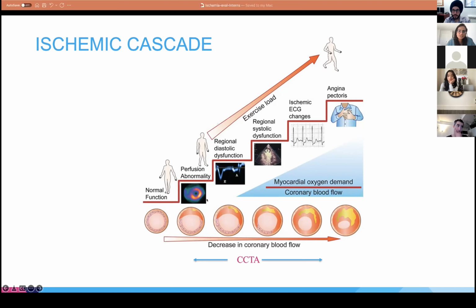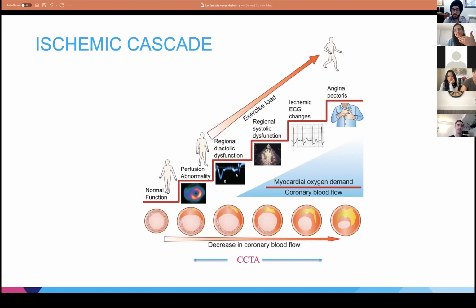The earliest change you would start noticing is an abnormality of flow that goes to one part of the heart versus another. This is what we look for when we do an MPI study or a SPECT study, myocardial perfusion imaging study. We're trying to look for differences in flow.